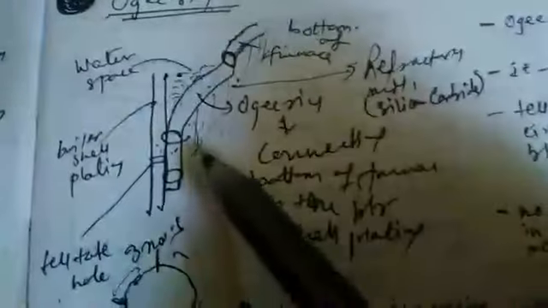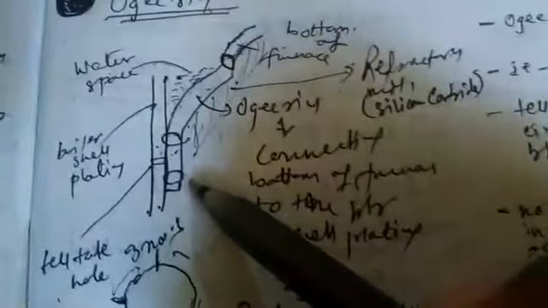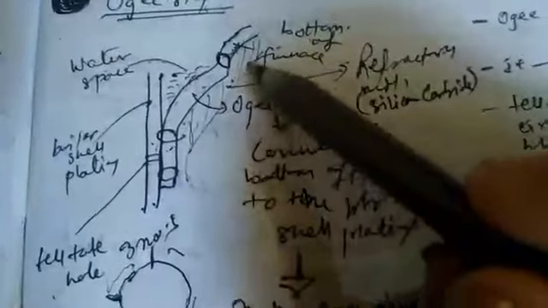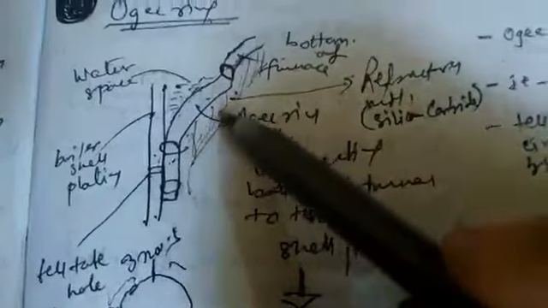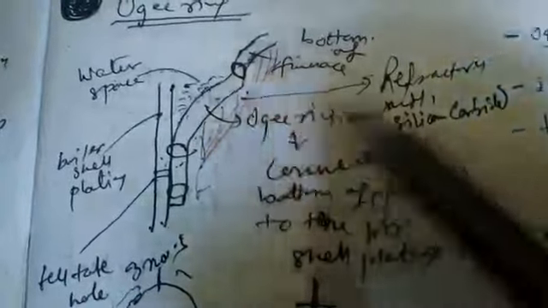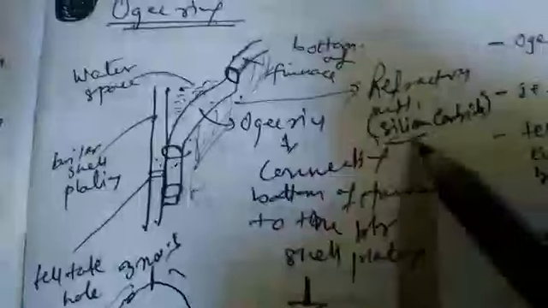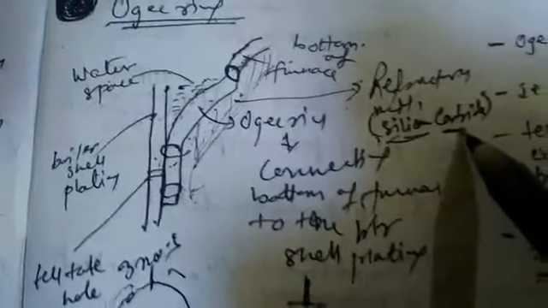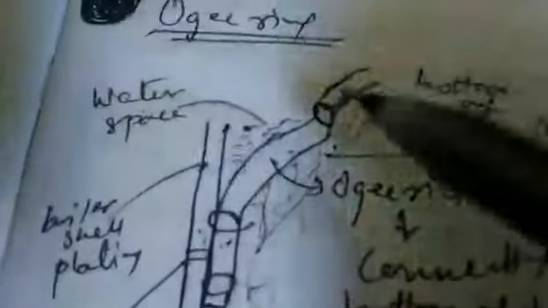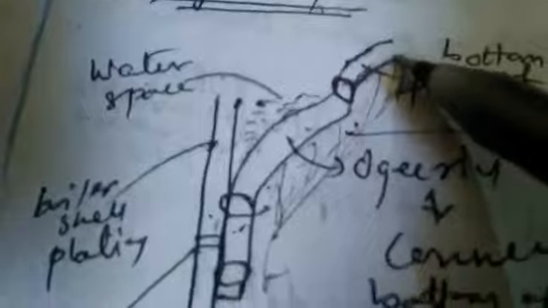So the refractory material must be in very good condition. The refractory material we are using in this region especially is silicon carbide refractory material. And this is the bottom of the furnace.